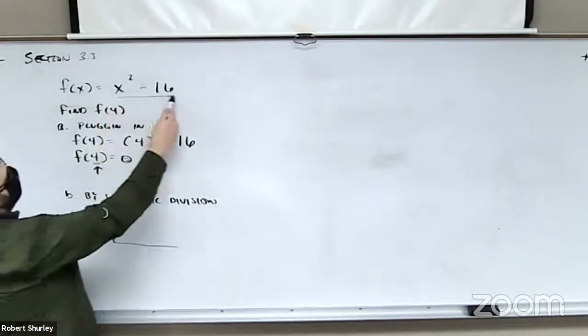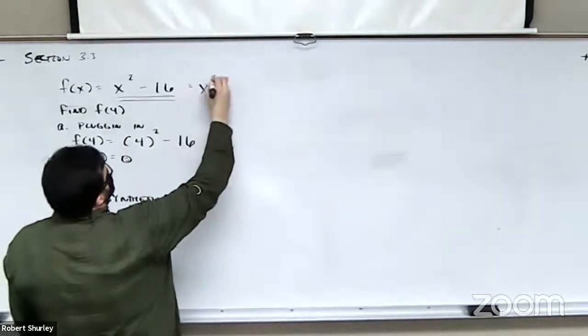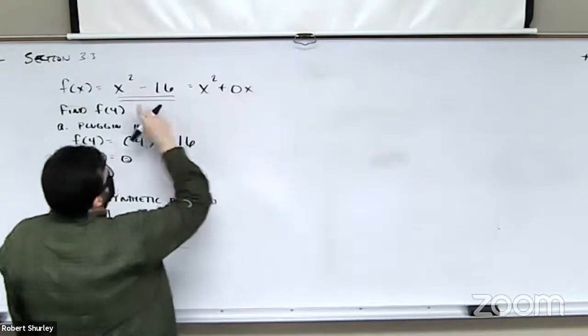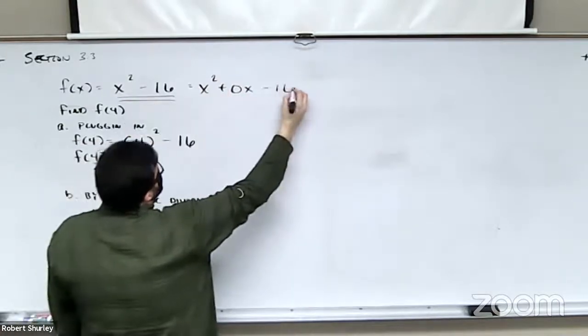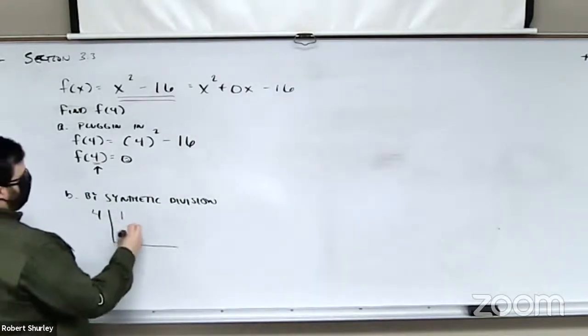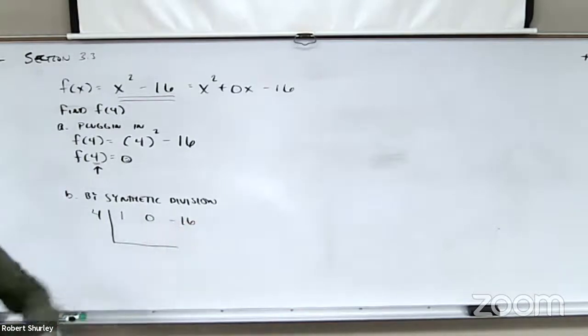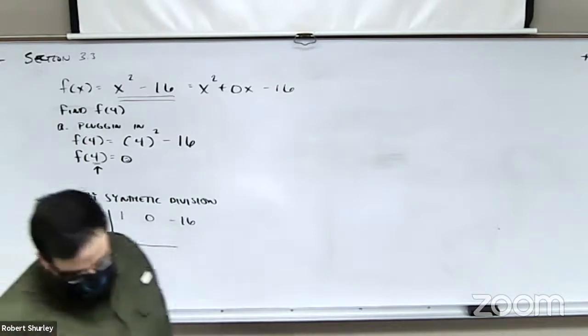And now be careful. If we're going to write this in synthetic division, we have to write it with the missing term. x squared plus 0x, right? There's not an x value. Minus 16. We have to remember the missing term. So it would be 1, 0, negative 16. So divide that out. I'll give this another good example of synthetic division.